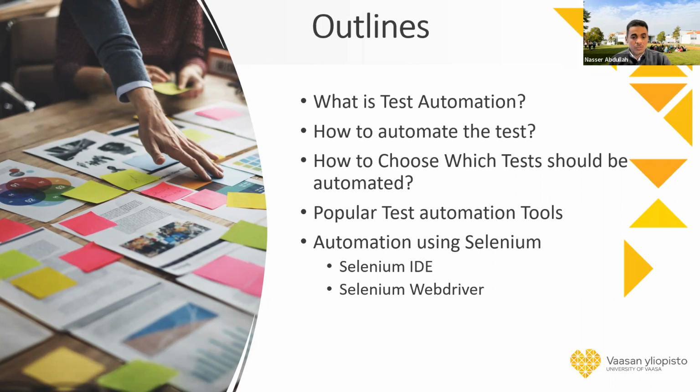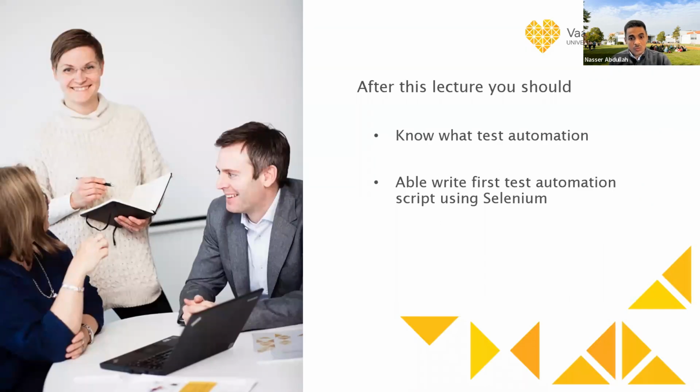And finally, we will go through Selenium. We will learn how to use Selenium IDE and how to add Selenium WebDrivers. So by the end, you should know what test automation is and how to write your first test automation using Selenium.